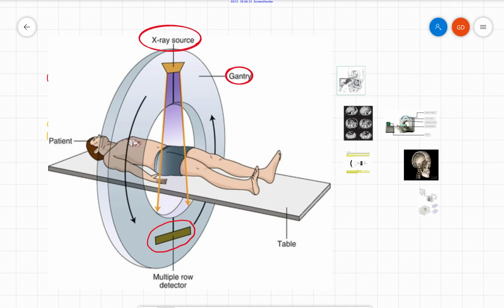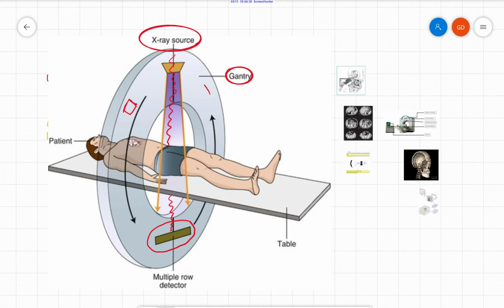What happens is that X-ray will penetrate the body of the patient and the details will be detected by the group of detectors from the other side. This procedure will be done several times and from several angles.